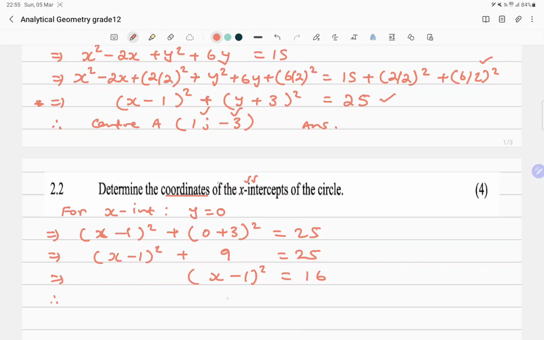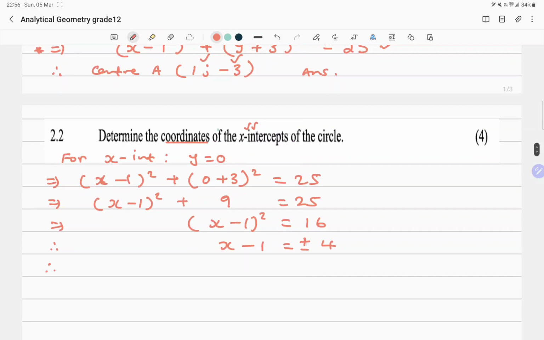When we do that, this one becomes a positive square root, right? Don't make a mistake this side. So it's going to be x minus 1 equals the square root of 16, which is plus or minus 4.